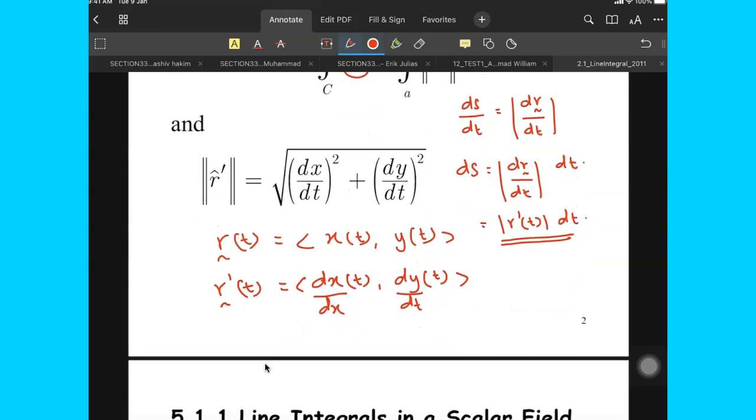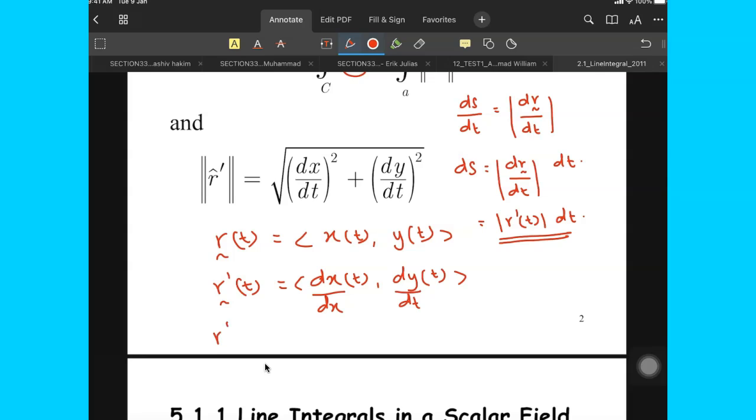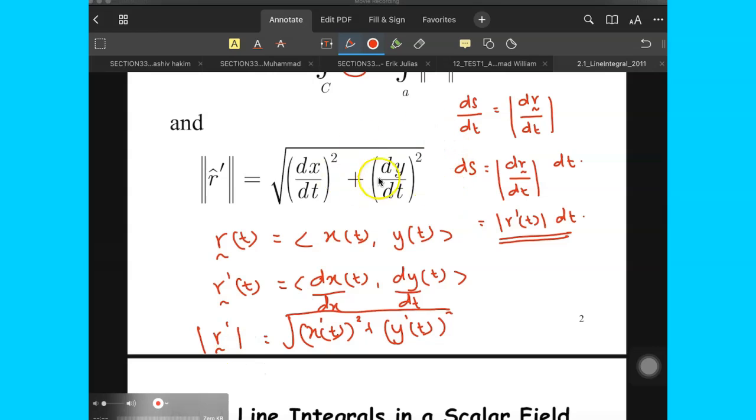Because we want to get its magnitude, we just have x prime t squared plus y prime t squared, and there is a square root outside. So that's why we have this.